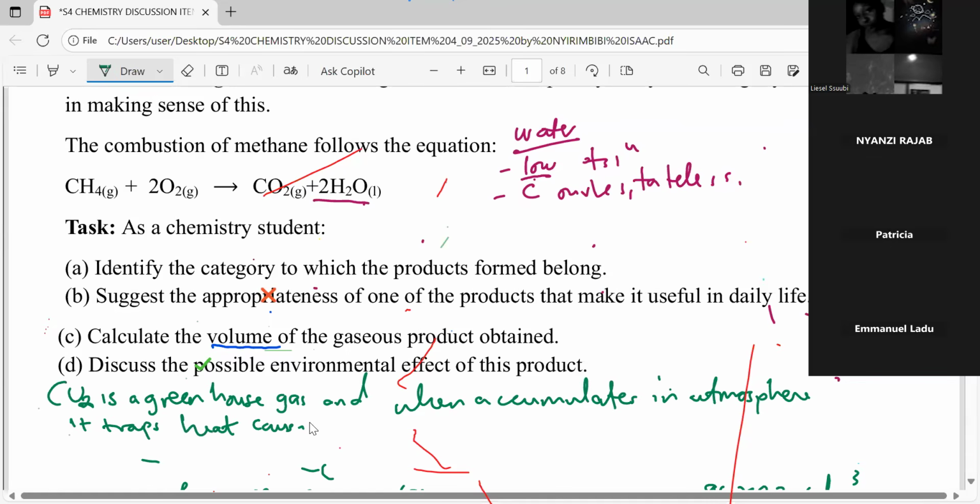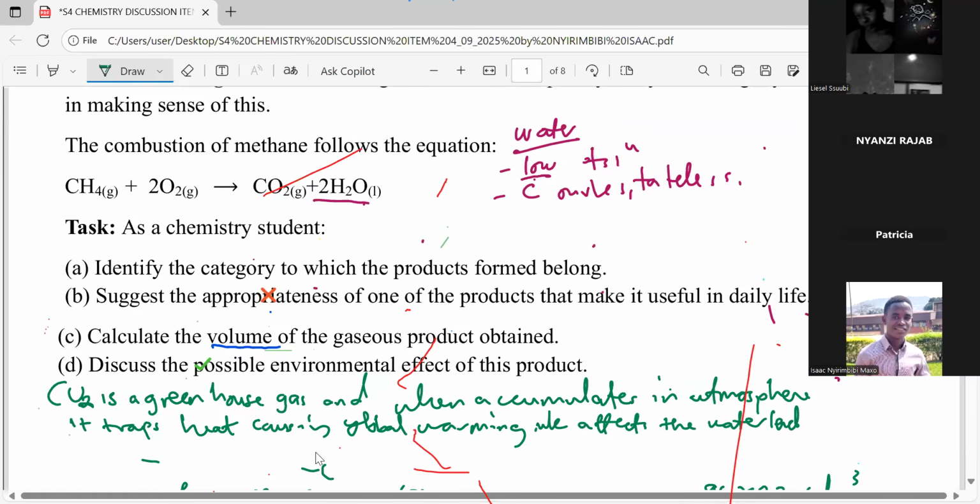Okay. Now, you recall whenever we talk about an effect, we don't end there. We need to continue giving the effect. Causes global warming, which affects the water levels, or even which affects plants.